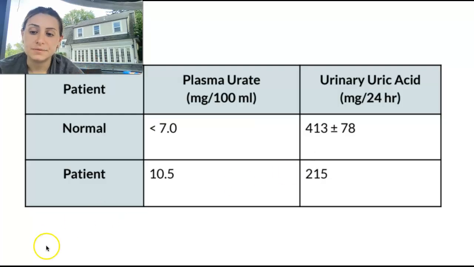To be completely positive, I would test to see if the enzymes that contribute to the salvage pathways of purines, such as phosphoribosyl transferase and hypoxanthine guanine phosphoribosyl transferase, have reduced activity.